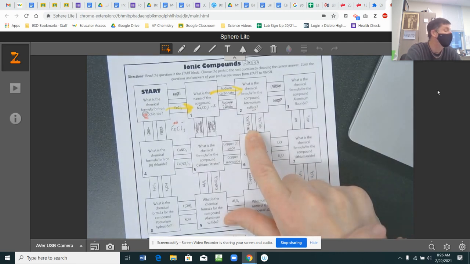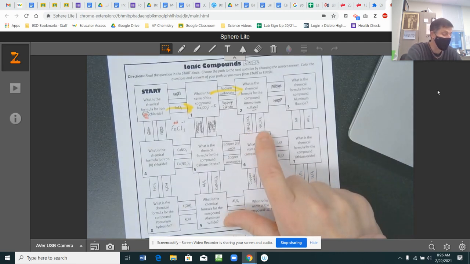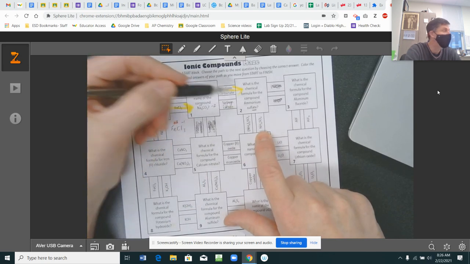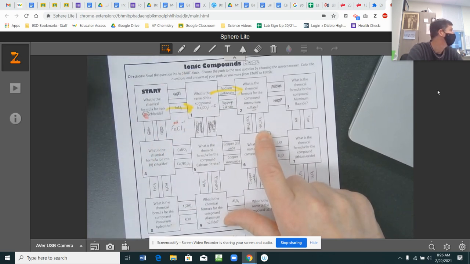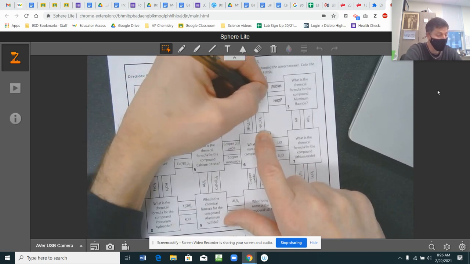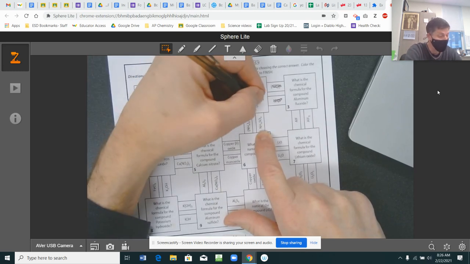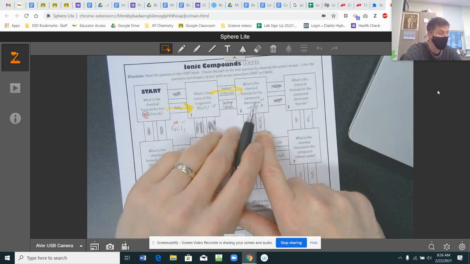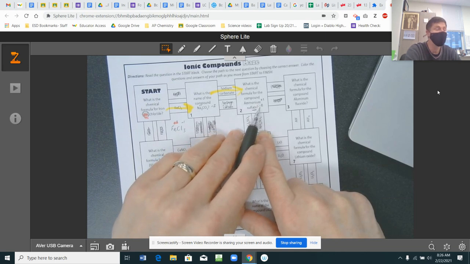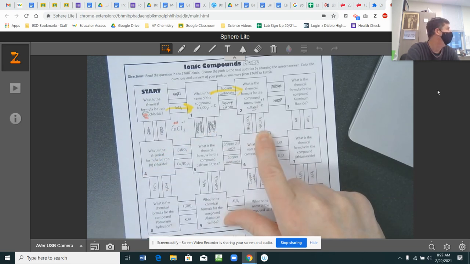So now I've got to look at charges. What's the charge of ammonium? +1. What's the charge of sulfate? -2. Well, if I just had one ammonium and one sulfate, does that add up to 0?